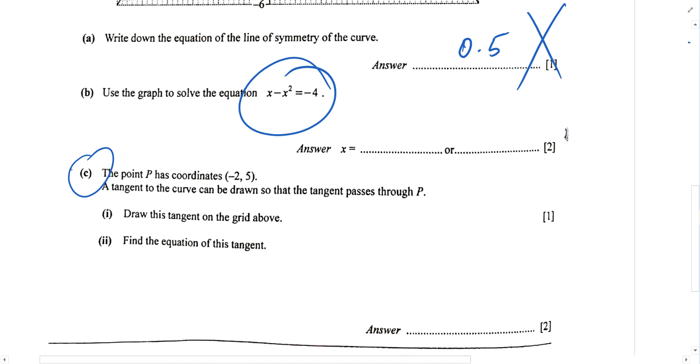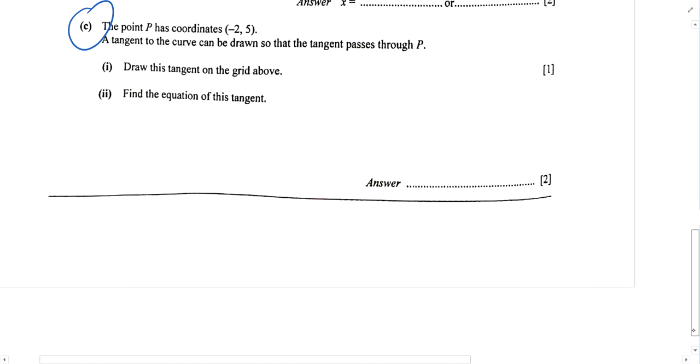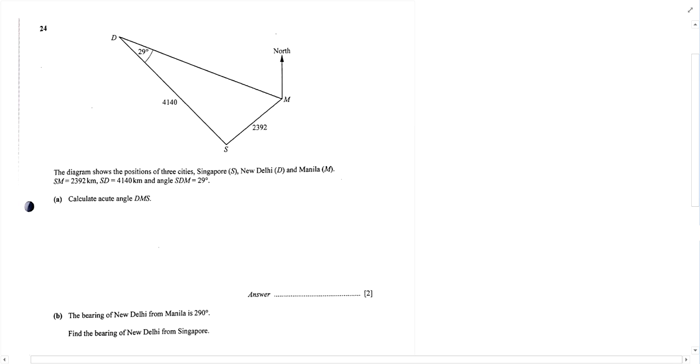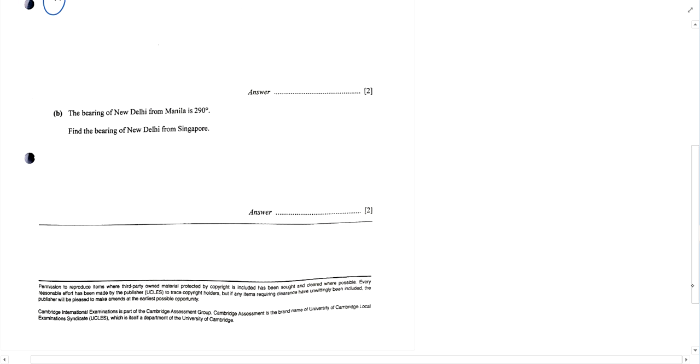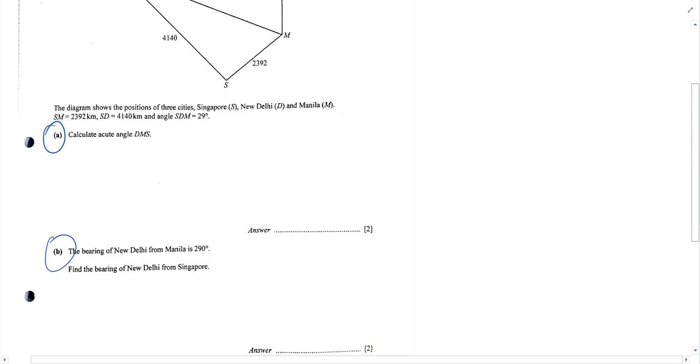Part A. Okay. Last question, 24. Who needs help for part A? Part B. Part B? Okay. Sinlin, do you need help for part A?